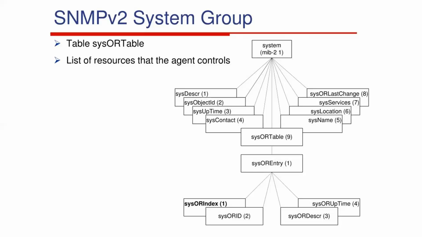Then trap in version 2, having the trap and inform request. This was already studied in version 1, but what's the difference here? Both use the same PDU, and the PDU performs the same function as in version 1. As we notice, the name has been changed, as well as the data structure, to the generic format in the diagram.